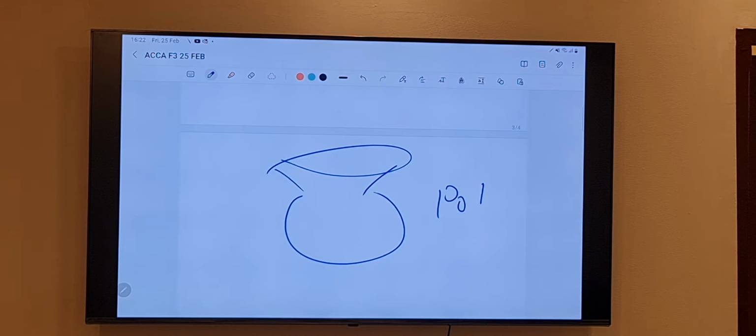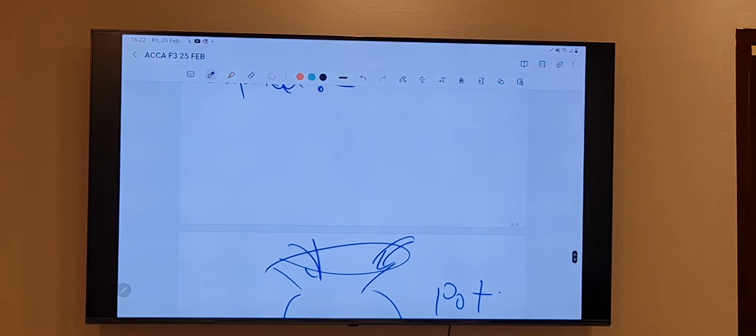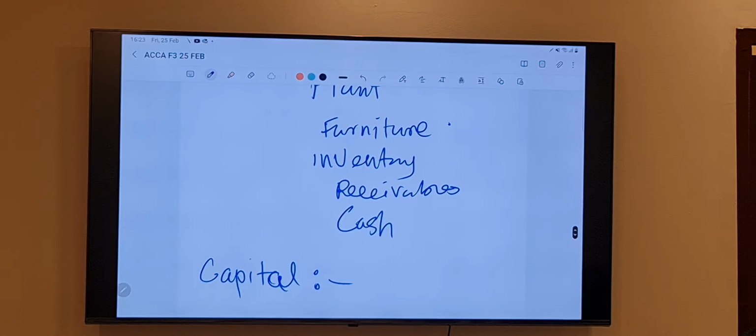pot, and in this pot we find a lot of assets. All these examples that we brought. The question is, who brought this? If any of the assets or resources are brought to the business by the owner, what do you call that? You call it capital.